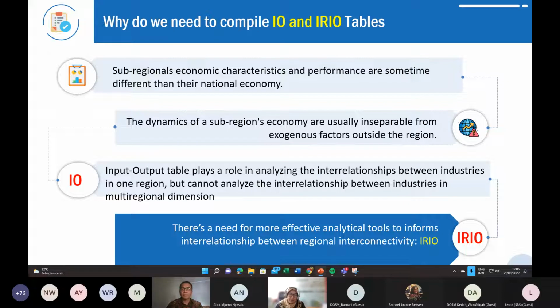Input-output table play a role in analyzing the interrelationship between industries in one region, but cannot analyze the interrelationship between industries in multi-regional dimension. So there is a need for a more effective analytical tool to inform the interrelationship between regional interconnectivity, which is interregional input-output table. So this is the background why Indonesia needs to compile IRIO table.